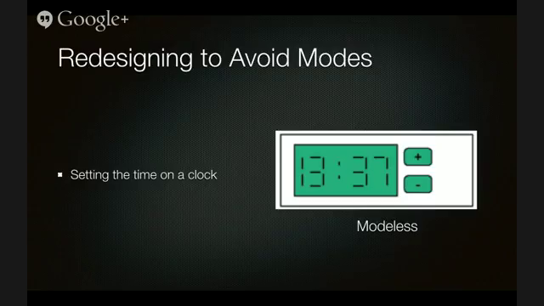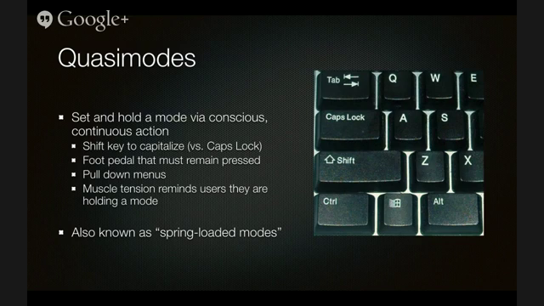And so a common solution to that is what Raskin calls the quasi-mode, which is any sort of mode that is actively engaged. So we've already said that the problem with modes is that users forget what mode they're in, and then when they press the button, they get angry that something unexpected happened to them.